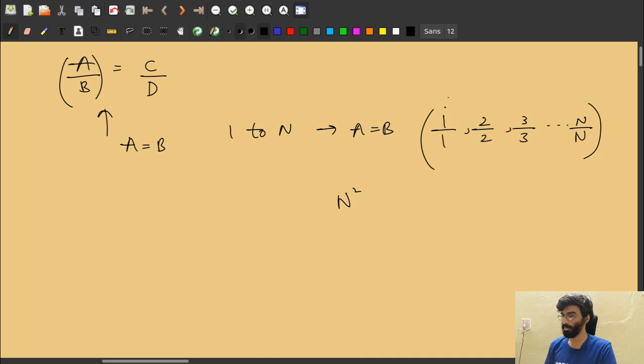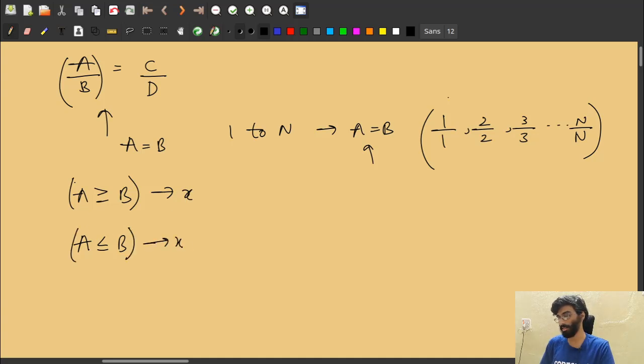We can make pairs from this like this and then this. Therefore, there are n square such pairs when a is equal to b. Now let us consider the case when a is greater than or equal to b. This case and the case a less than b are equal, because if the number of pairs when a is greater than b is x, then the number of pairs when a is less than b will also be x.